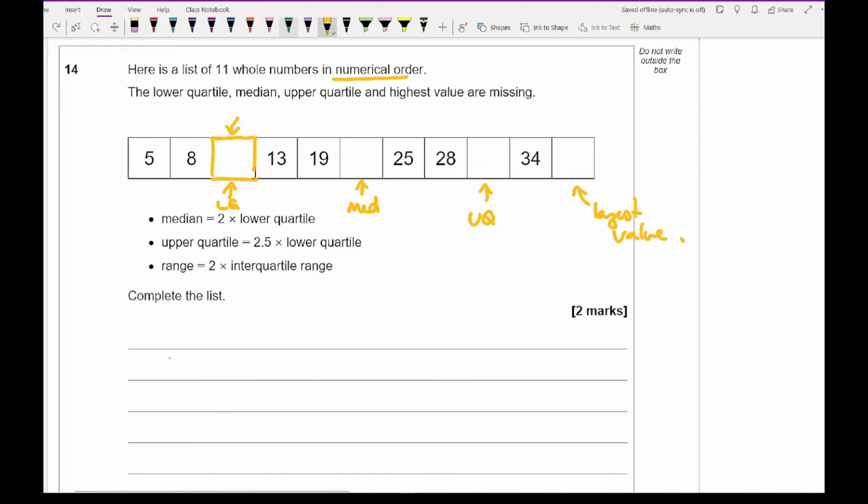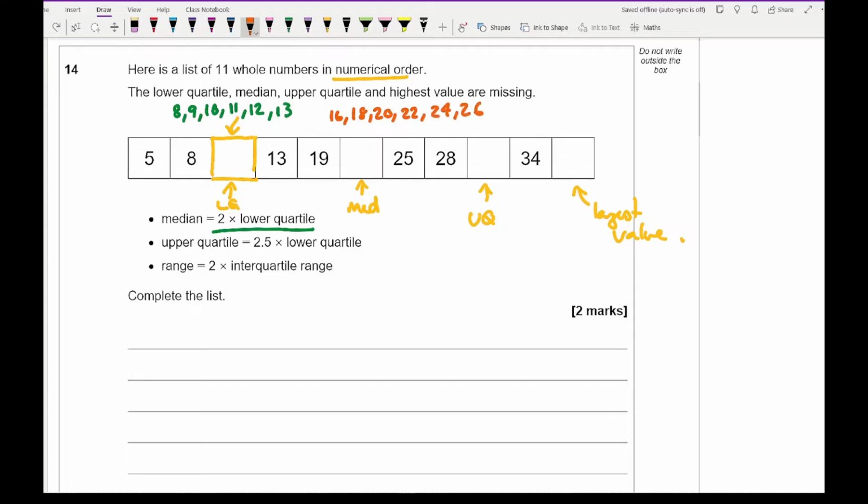Now looking at the lower quartile first, the possible numbers that this could be are 8, 9, 10, 11, 12 and 13. Now if we know that they're the possible numbers for that, we can then work out what the median is going to be using this information here. So if I double each of those green numbers, what do I get? Well, I'm going to get 16, 18, 20, 22, 24 and 26.